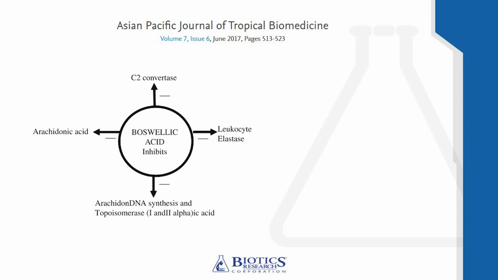Arachidonic acid, these topoisomerase pathways, this C2 convertase, this is going to be part of your immune cascades that we're talking about here. These are all either promoting degradation of tissue or potentiating the inflammatory pathways, and your Boswellia has the capacity to inhibit that.